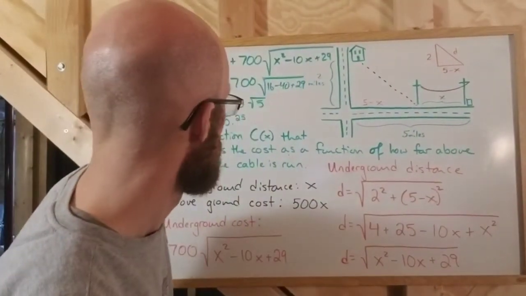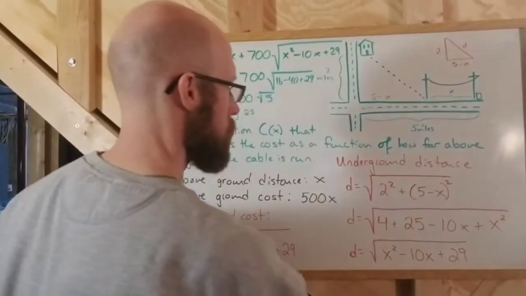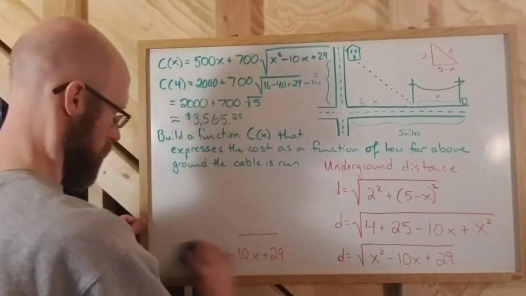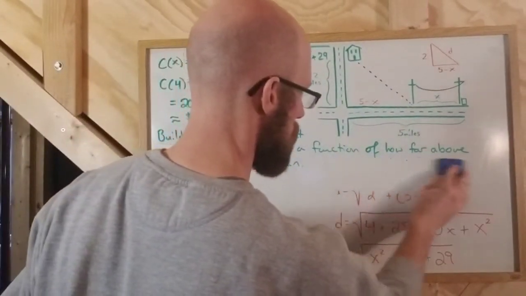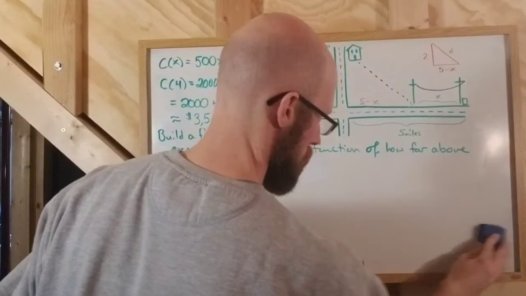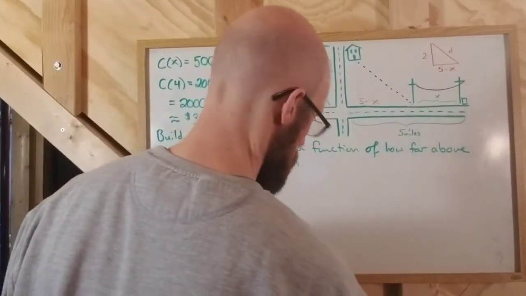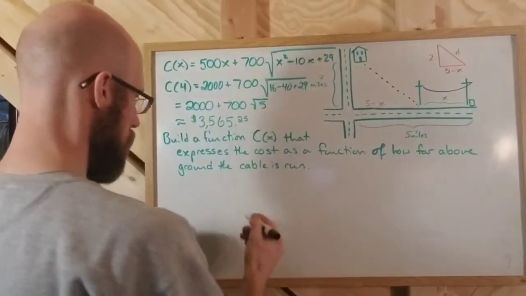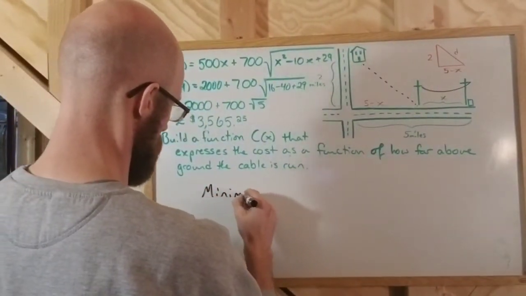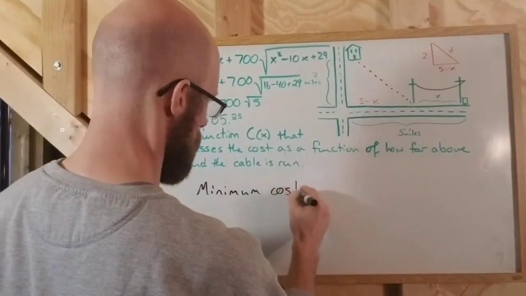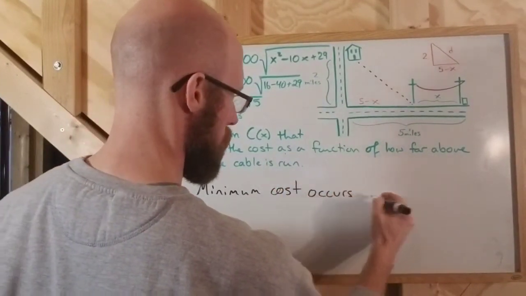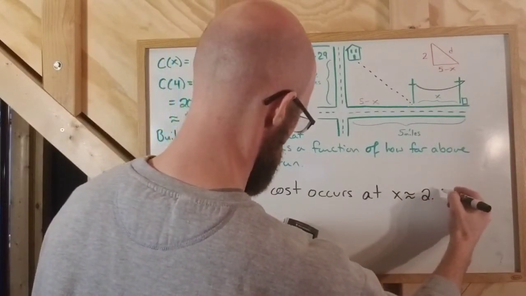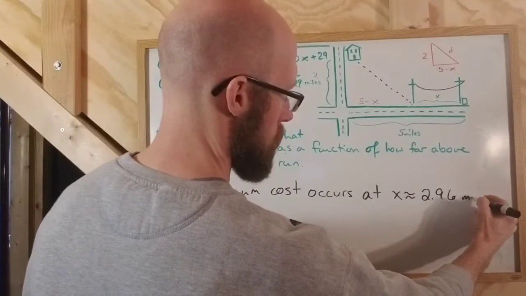Okay, so that would give us our optimal cost. Let me erase some of this. Okay, so the optimal cost there, the minimum cost occurs at x approximately 2.96 miles.